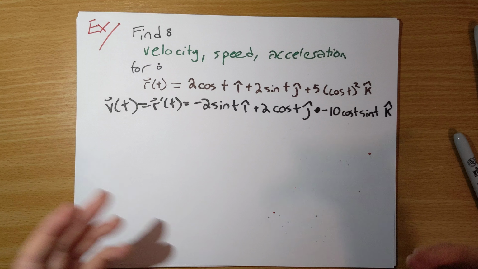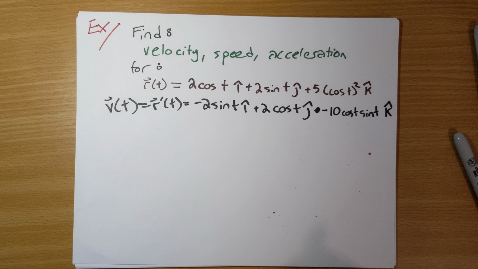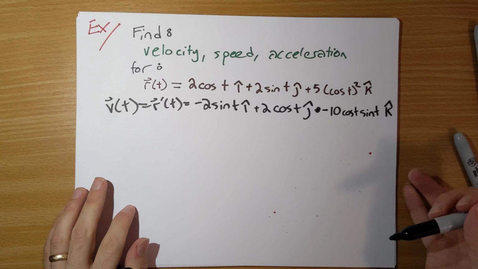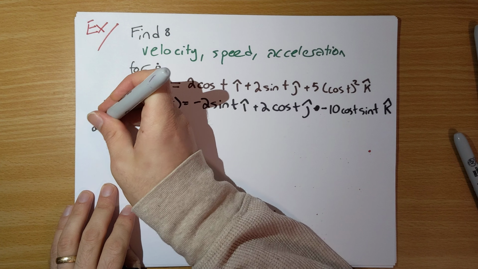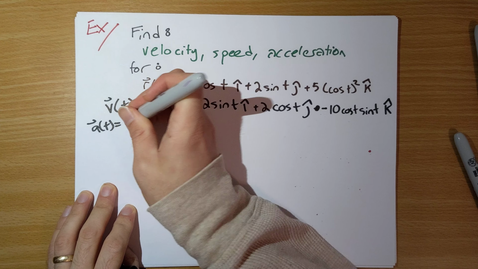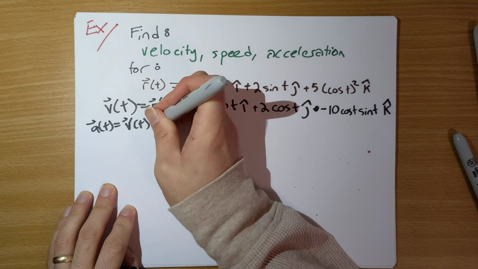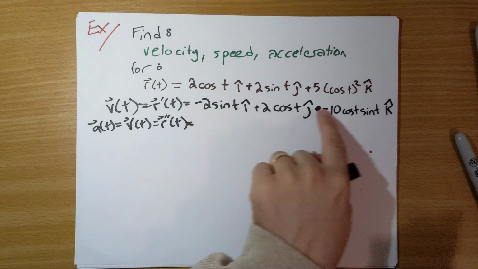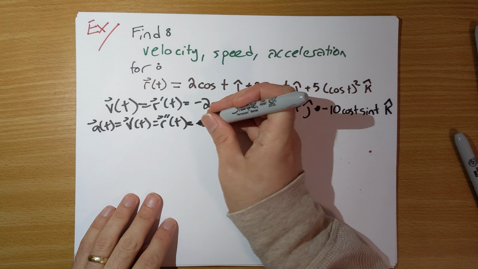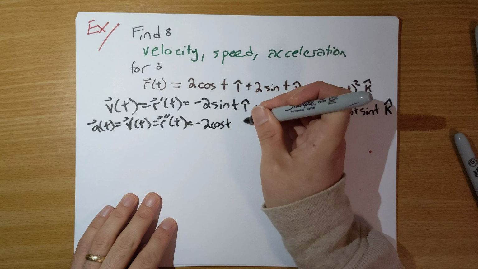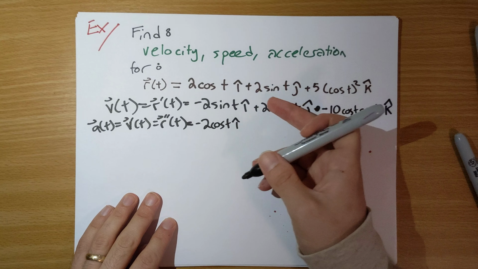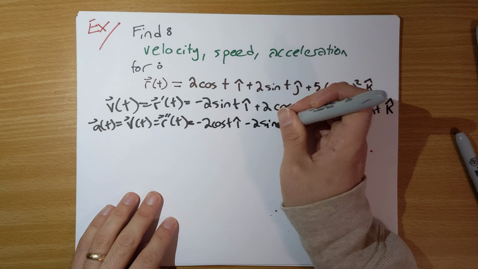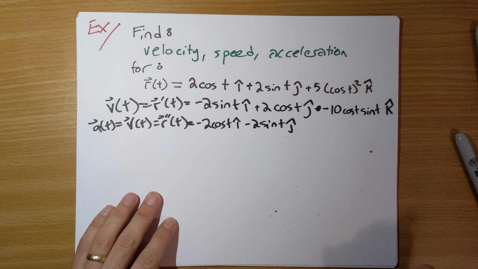So this is velocity. Let me skip speed for the time being just to very quickly do acceleration. a of t is v prime of t is r double prime of t. So the derivative of this will be negative 2 cosine t i hat minus 2 sine t j hat.